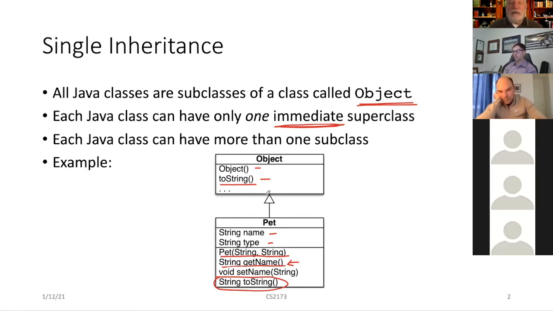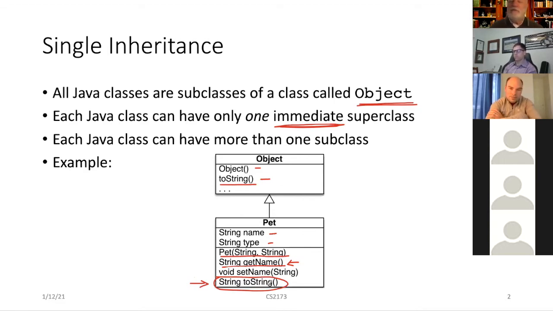One of the things about object-oriented programming like this is that if I write a subclass, I can write a different method of the same name and the same return type. And when it gets run, it will call that one. Like if I print a pet instance, it will call this toString.